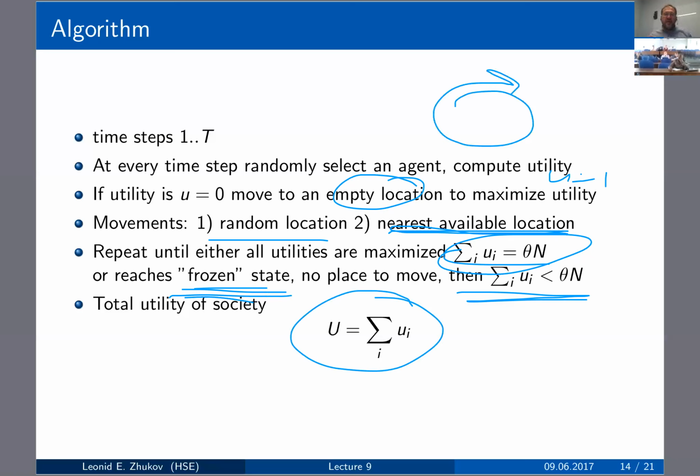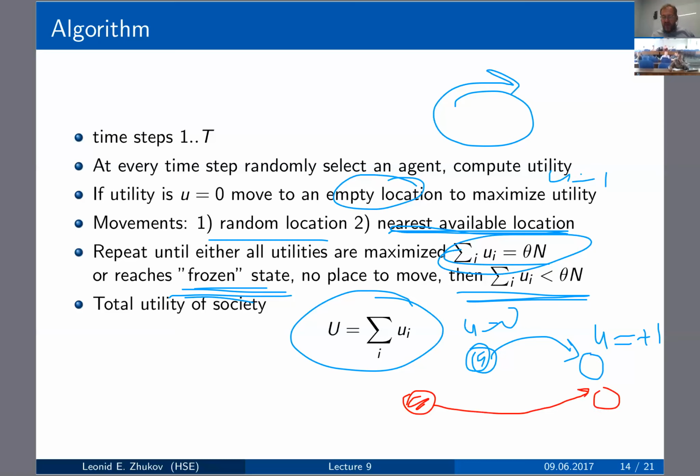One thing you should keep in mind is that you can, for example, take an agent who is unhappy and move it to another location where the agent is happy, right? But then what might happen is some other agent who is also unhappy, but of a different type, moves to the location close to this guy, and some other agent moves to another location close to this guy.